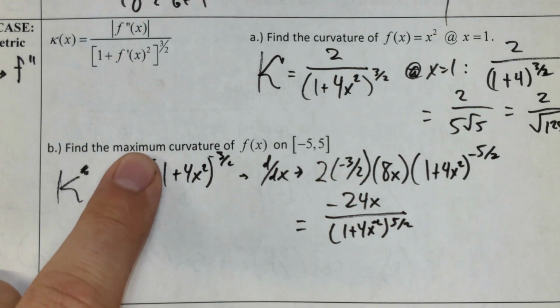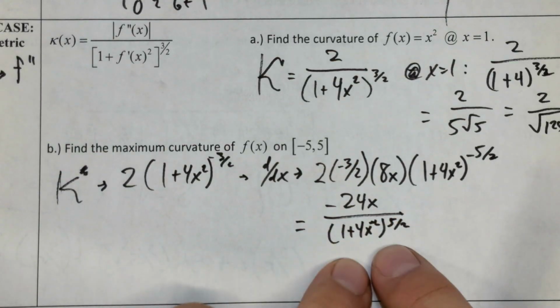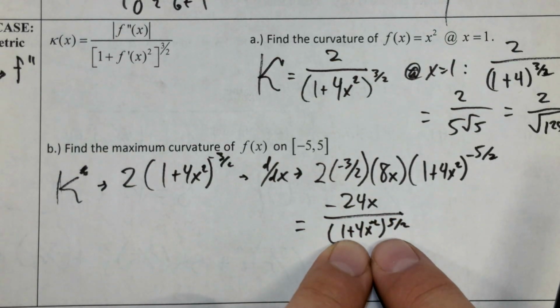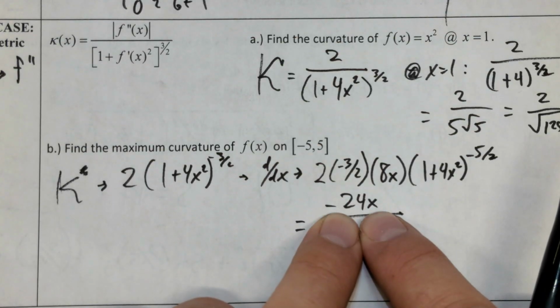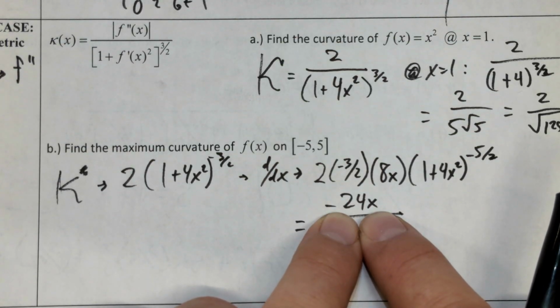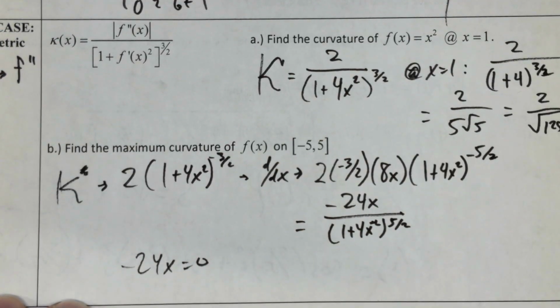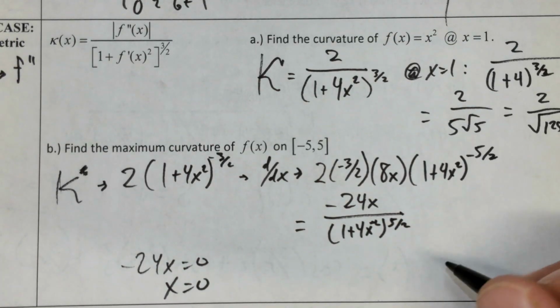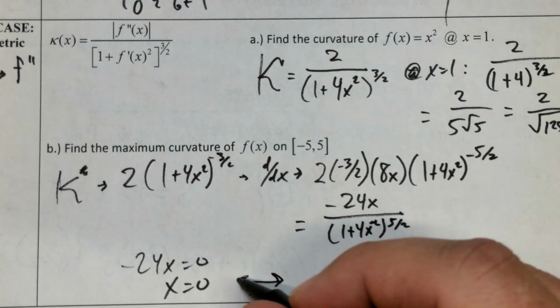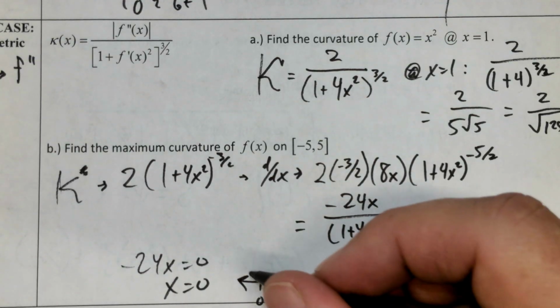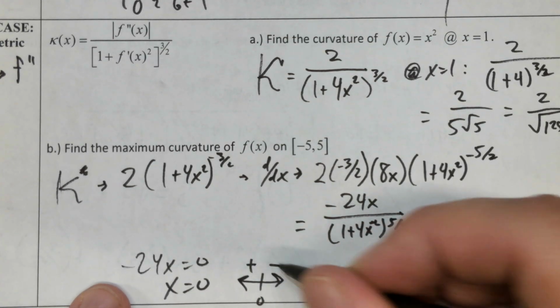In maxes, where does this thing hit 0? The denominator is never going to be equal to 0. The numerator is the only thing that can be equal to 0. So negative 24x equals 0 when x equals 0. And now it's just my job to check, hey, is that numerator switching from positive to negative?